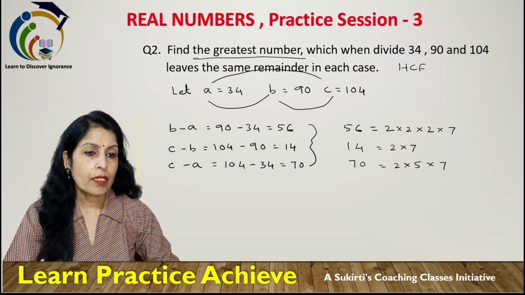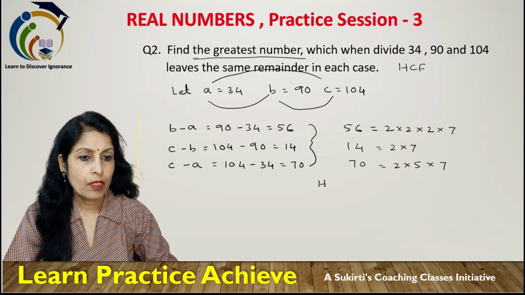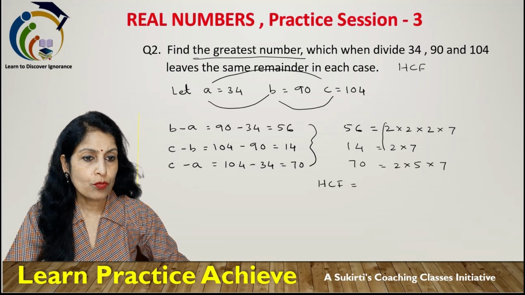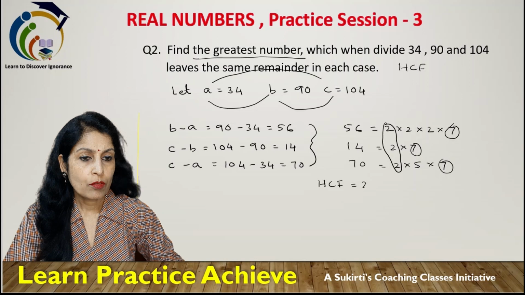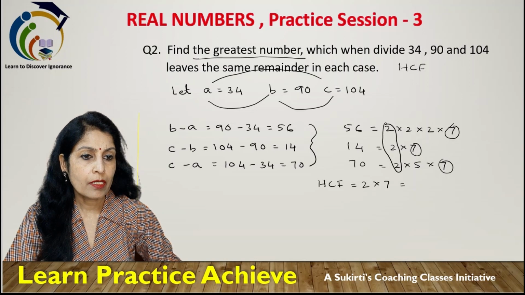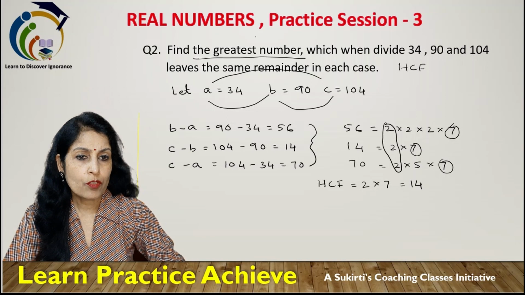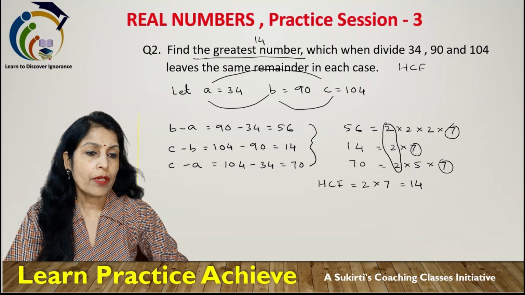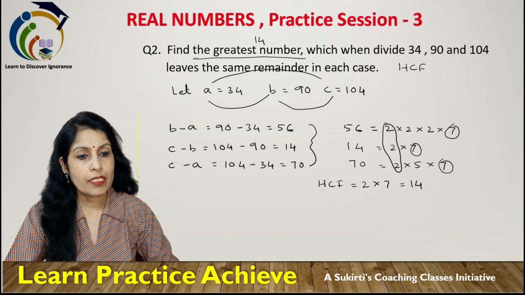The common factors are 2 and 7. So when we take 2 and 7, we get 14. So the required greatest number is 14, which will divide 34, 90 and 104 so that we get the same remainder.